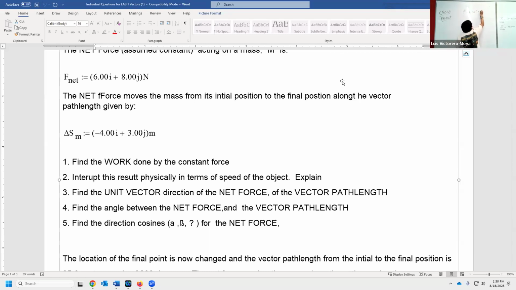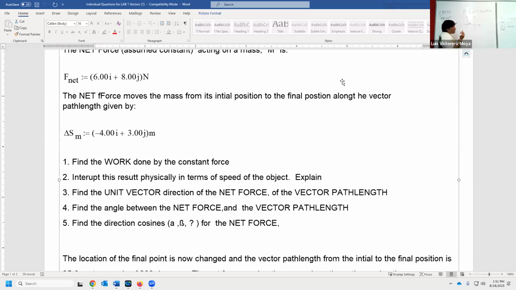You know why they give you this? Because it's very easy to find the angle. To find the angle of this vector, you can just draw this here. 6i, 8j. So the angle is this.